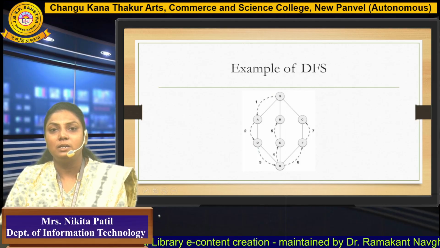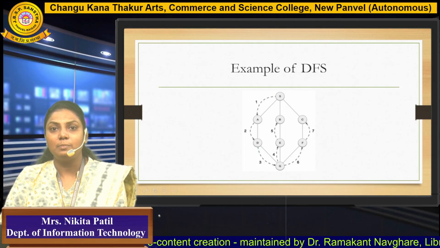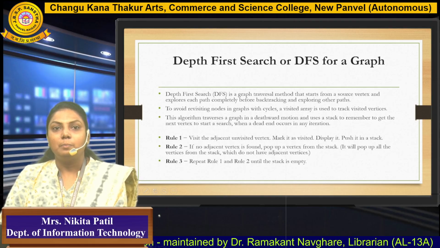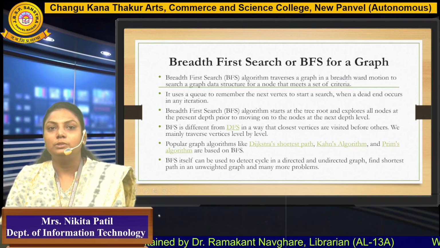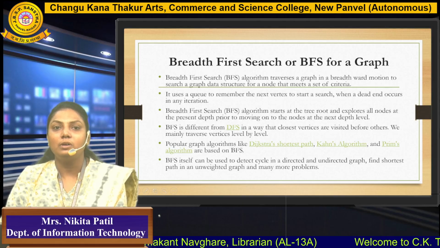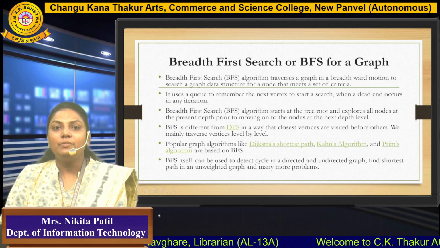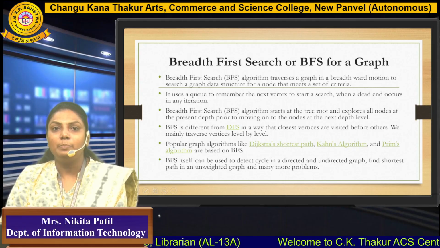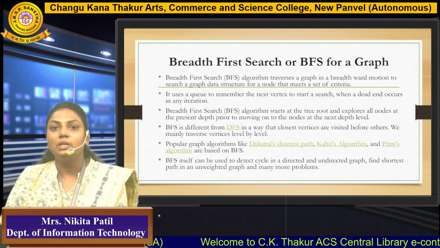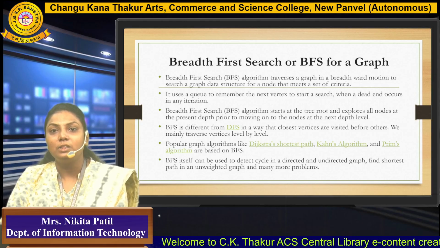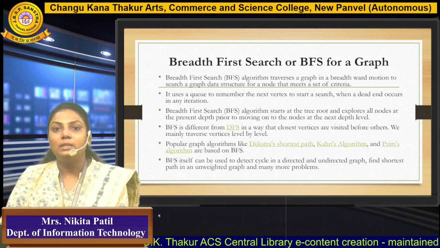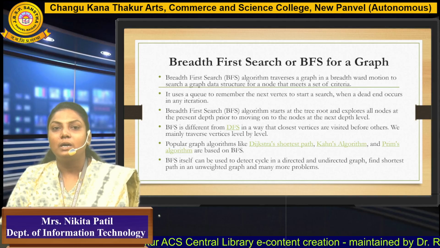Now let us consider the next algorithm, that is BFS. BFS is the breadth first search for a graph. Now DFS goes downward and BFS goes breadthwise. The breadth first search algorithm traverses a graph in a breadthward motion to search a graph data structure for a node that meets a set of criteria.